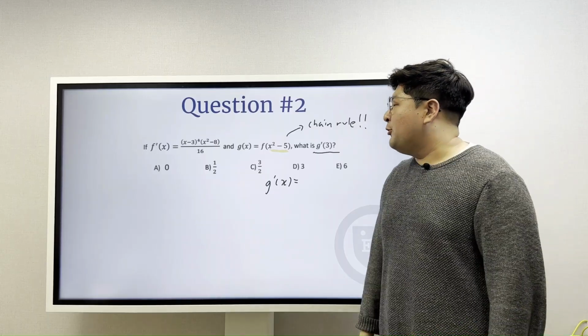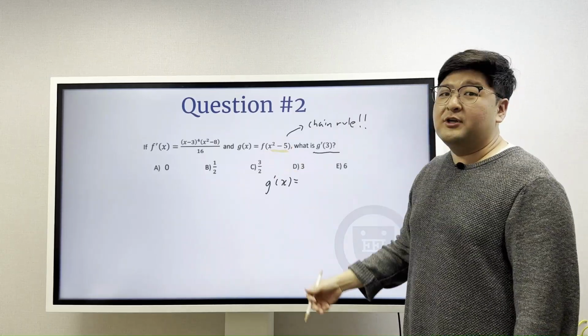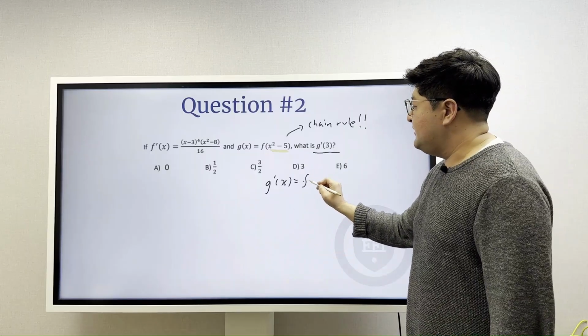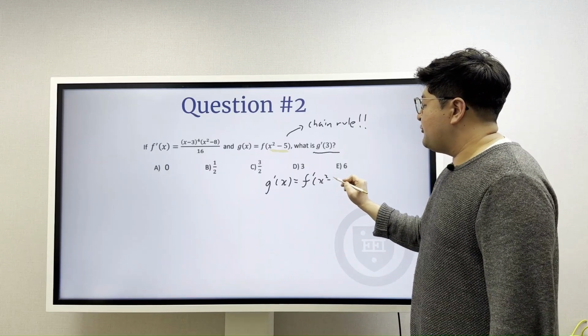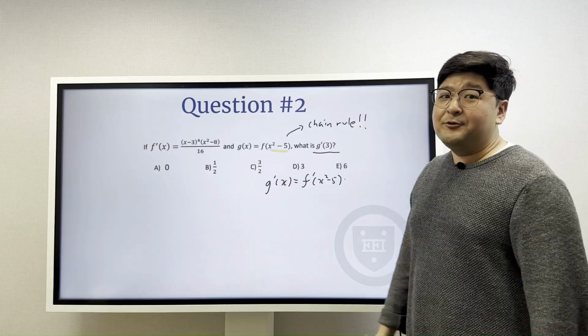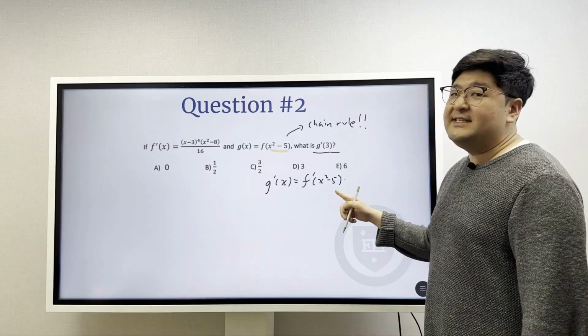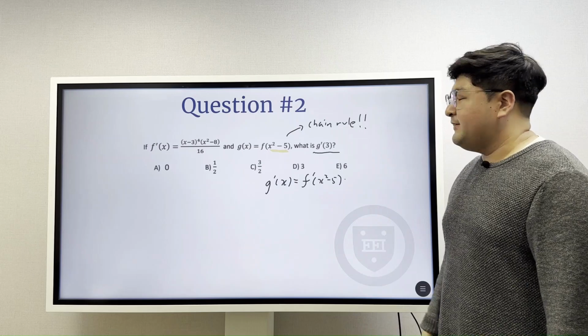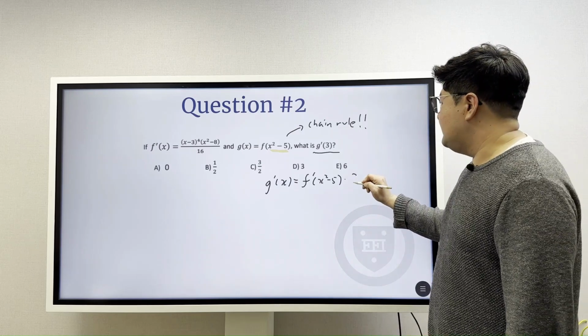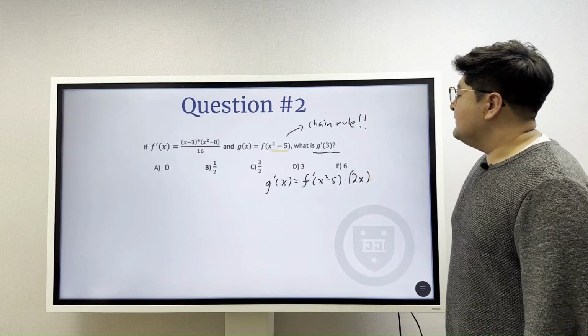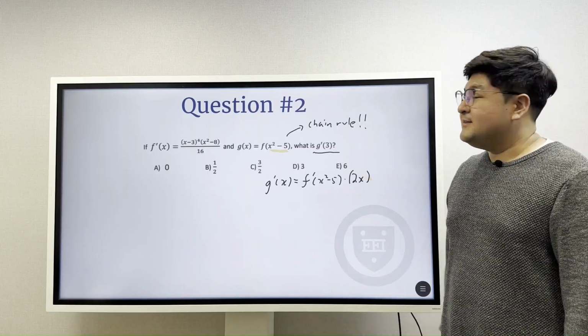Okay? Now what is chain rule? Well, we take the derivative of the outside function first, f prime of x squared minus 5. By the chain rule, we have to multiply the derivative of the inside function. And the derivative of x squared minus 5 will give us 2x. So that is our g prime of x.